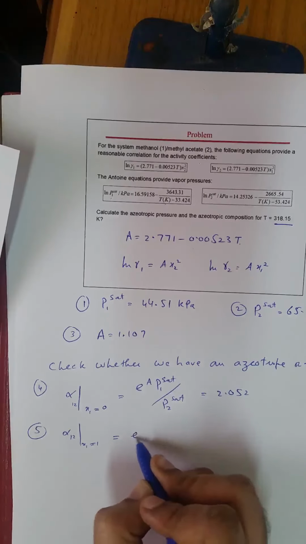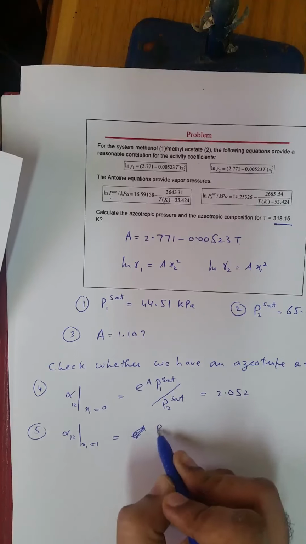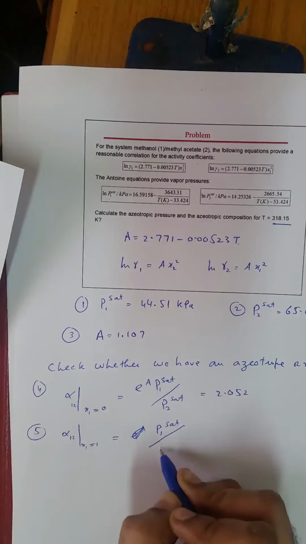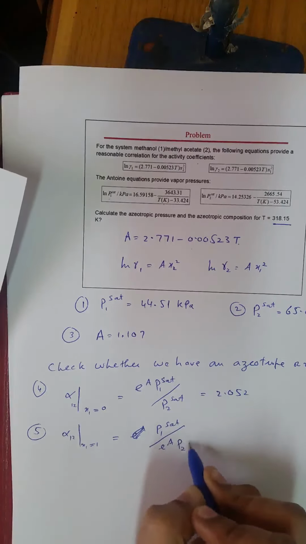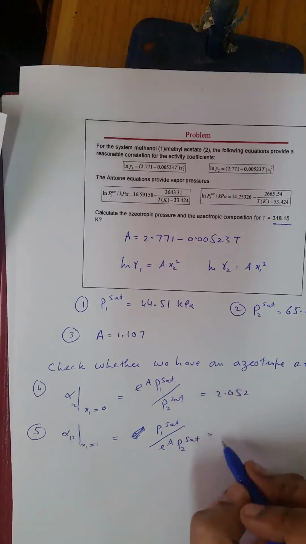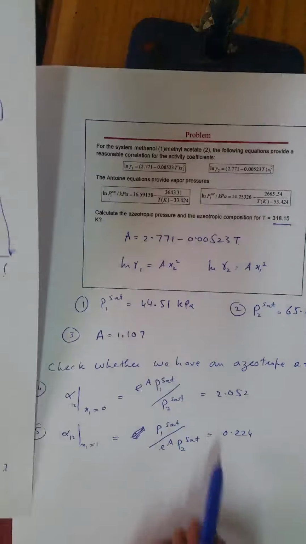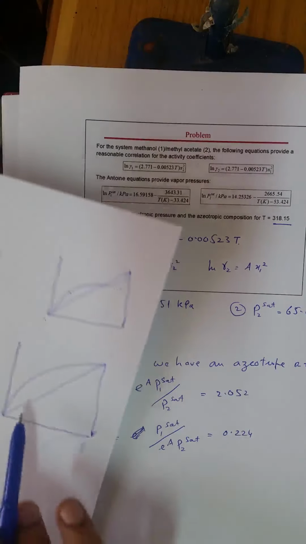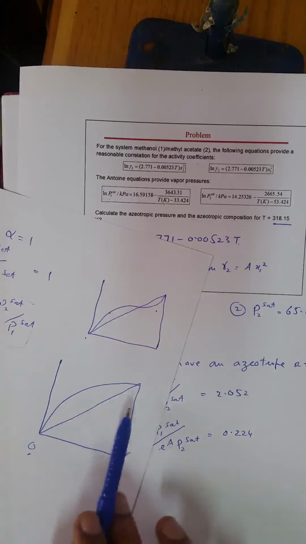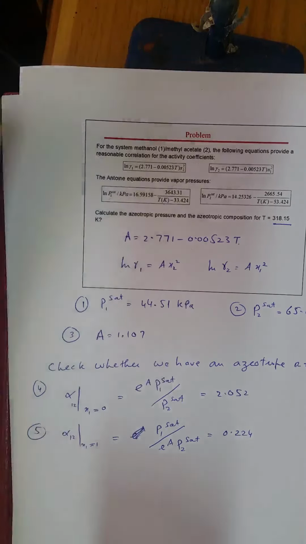Fifth step, we substitute x1 equal to 1, giving P1 sat over e to the A times P2 sat. The answer comes out to be 0.224. You see, one value is above 1, one value is below 1. It means alpha will pass through 1 somewhere, when x is equal to y.